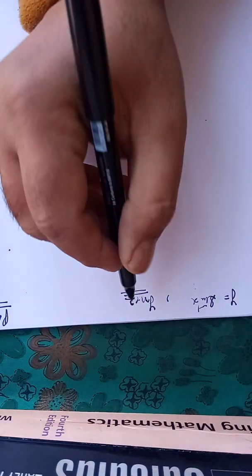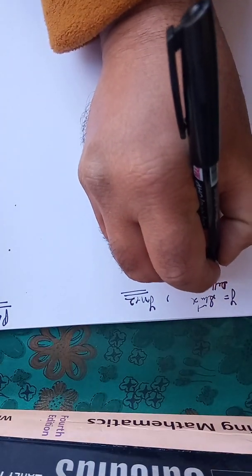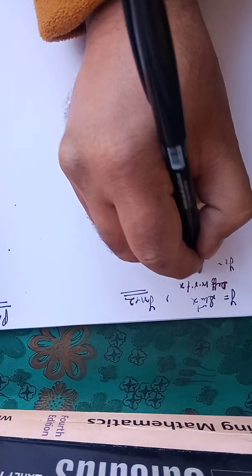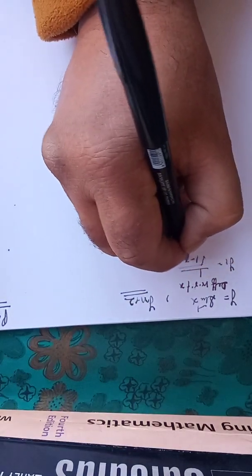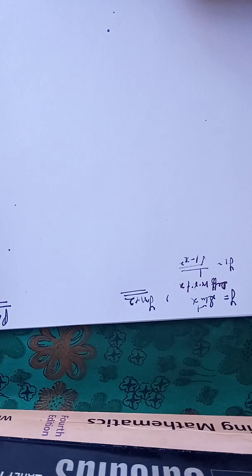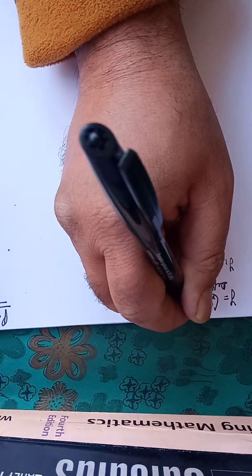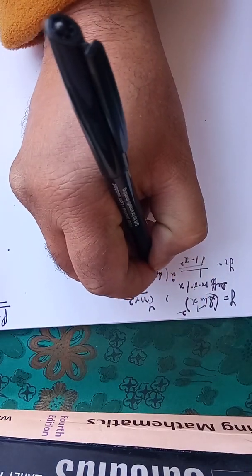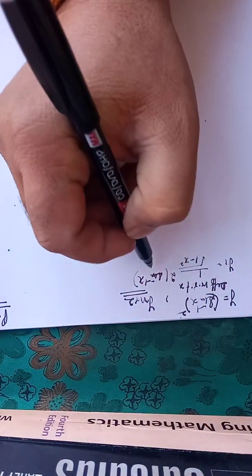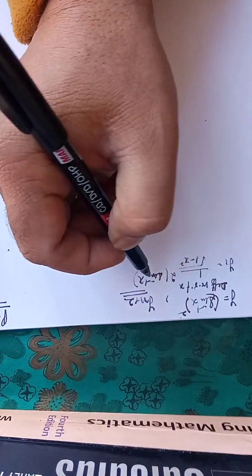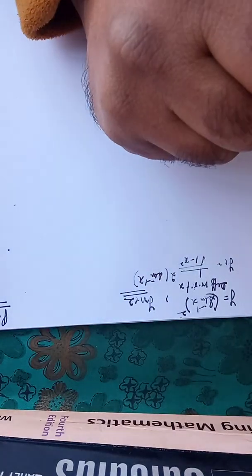So let me differentiate first with respect to x. I will get y1 equal to 1 upon under root of 1 minus x square. Or let me write it as sine inverse x whole square. So this is twice sine inverse x, and then the derivative of sine inverse x is 1 upon under root of 1 minus x square.